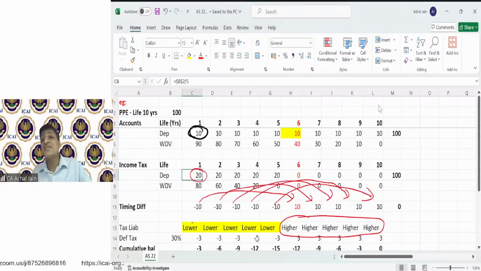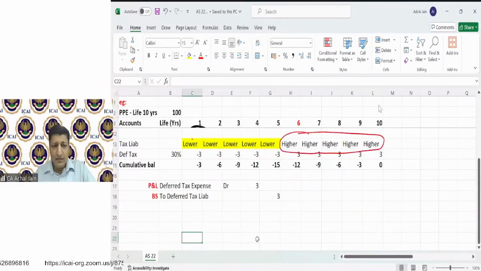And when this reverses, the higher tax amount which the company would have paid in the first year will get reversed in a way that the company will be required to pay a lower tax amount in the future years. And if that happens, what do you call it? You will call it a deferred tax asset.